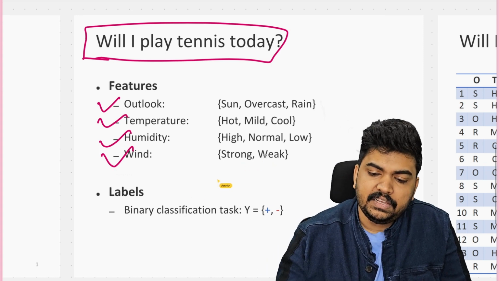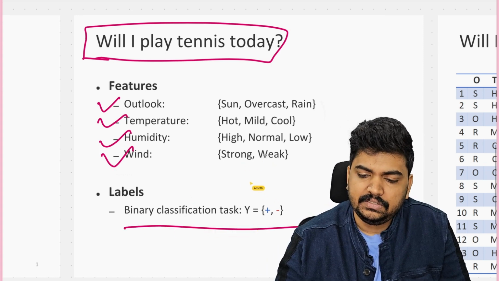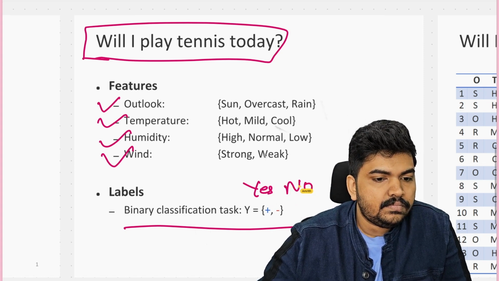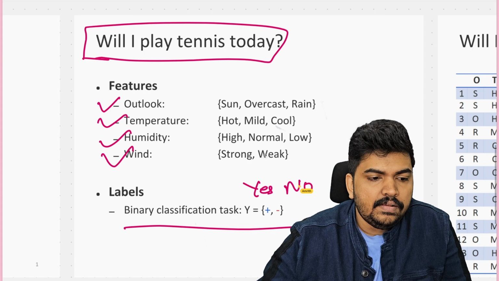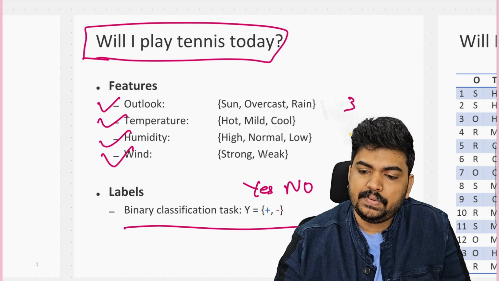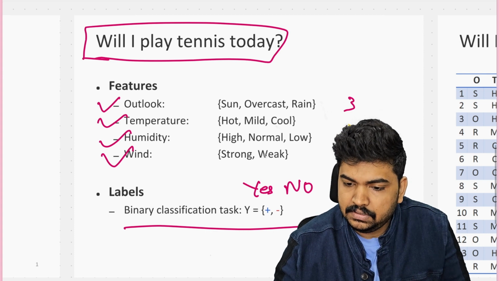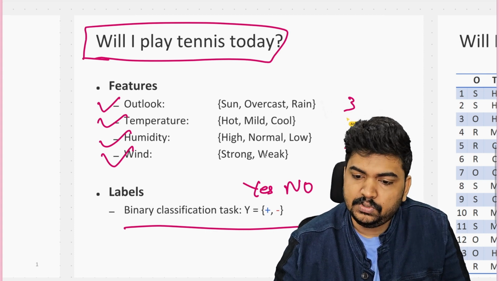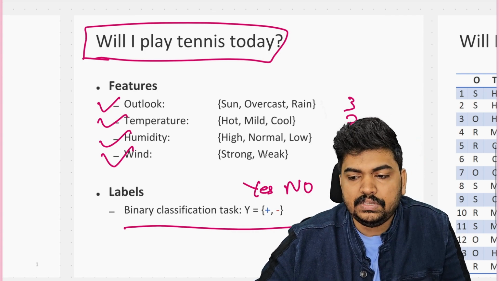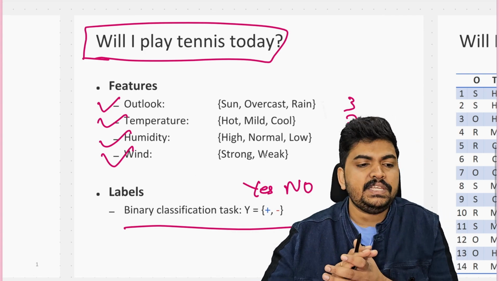It is a binary classification task: it either has a yes or a no answer. So there are 2 features with 3 possible values, and 2 features with 2 possible values. This is our feature space, and this is our label space.